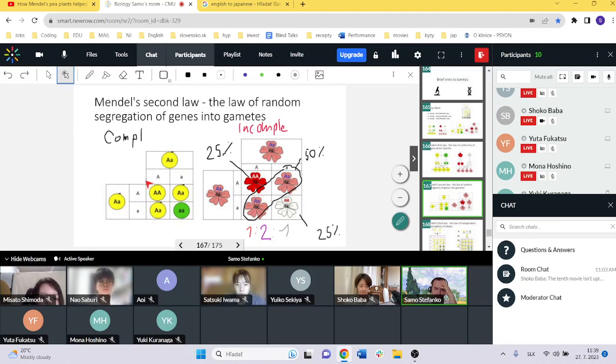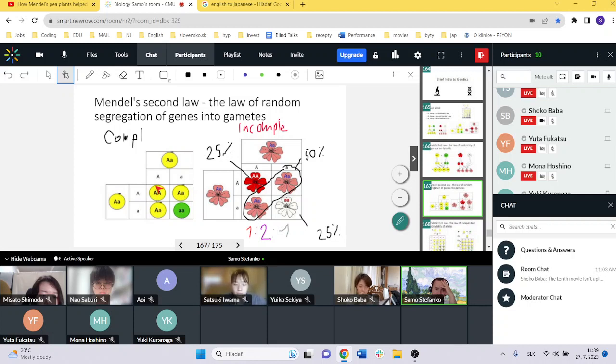Try to look here in our table here, and we see the differences in color. Okay, so we have one green, three yellowish. They are genotypically different.